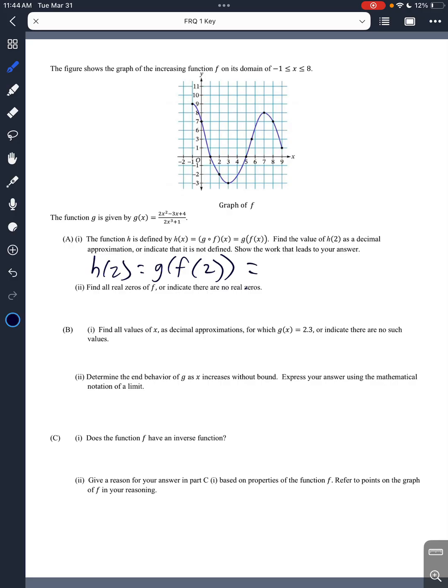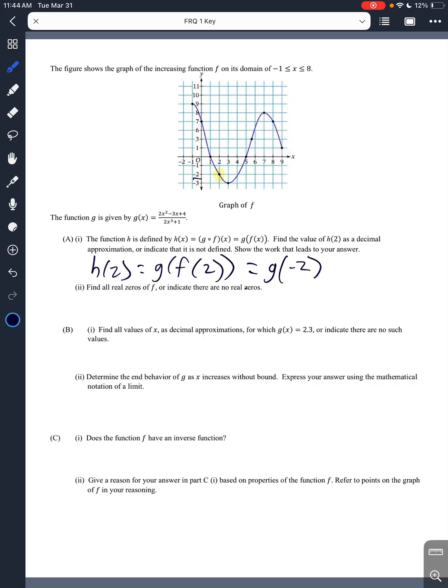The first thing we have to do is find f of 2. So I'm going to look, where is x equal to 2? And then where's my graph right there? So f of 2 is equal to -2. That makes g of f of 2 g of -2, just coming from right over there.